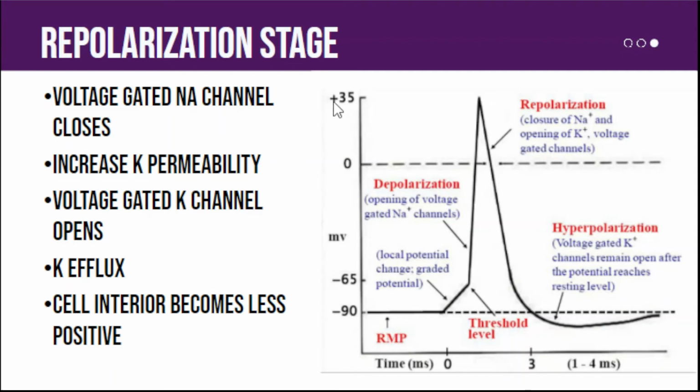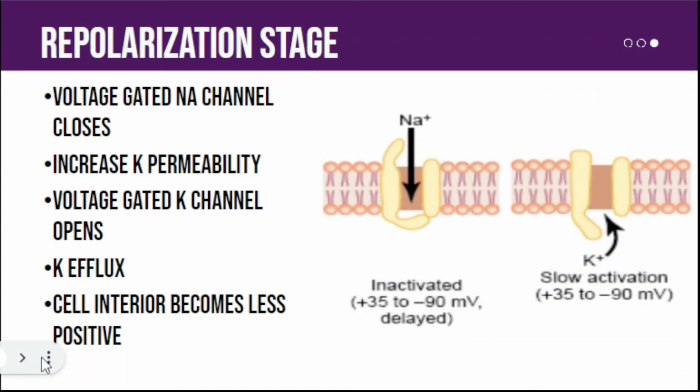From +35, magiging negative na siya ulit, kasi your potassium is continually going out. That is the meaning of your repolarization: the returning to your negatively charged cell membrane. Sasara ang sodium channel and then mag-open ang potassium channels natin.